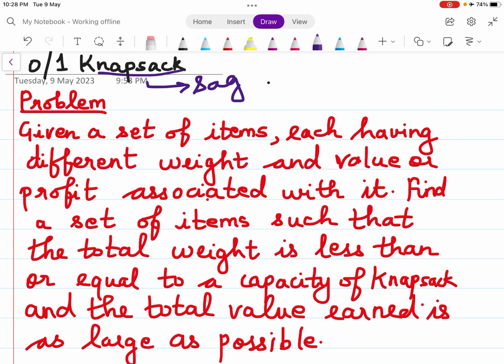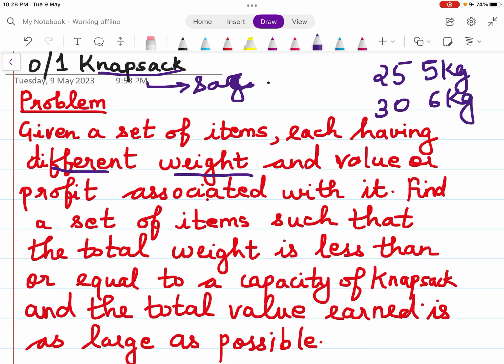So given a set of items, you have been given different weights. Different weights are given, and associated with those weights certain values or profits are given. So if there is 5 kg weight, profit associated is 25, say 6 kgs, profit associated is 30, and so on.